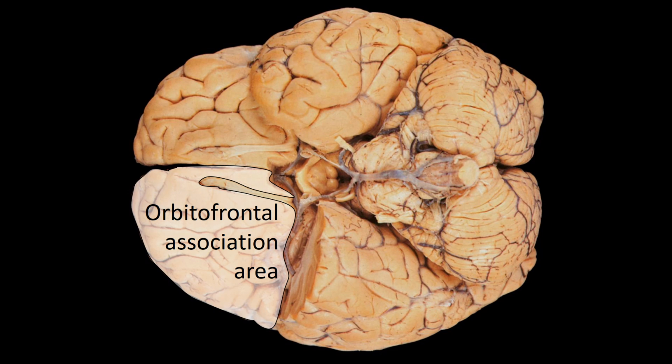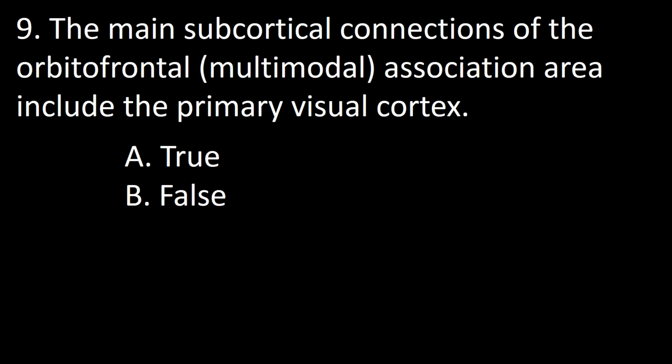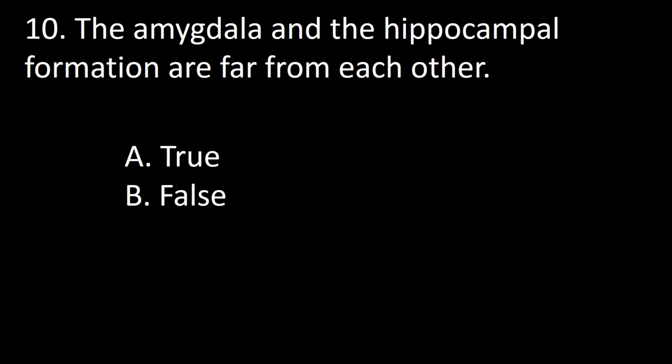Other important connections are with the hypothalamus, with the brainstem, and with the amygdala. The amygdala connections with the orbitofrontal association are functionally very robust. So the answer to this question is B, false.